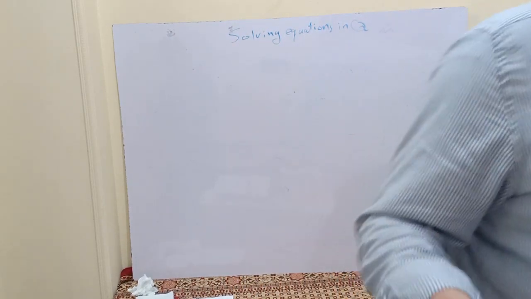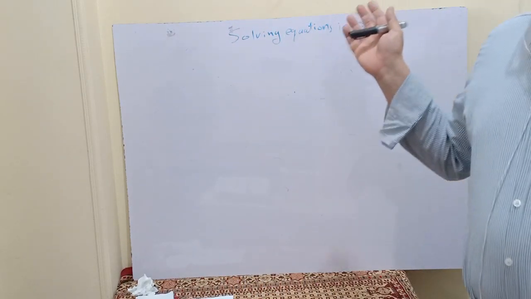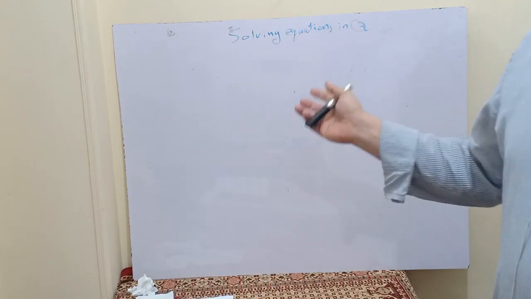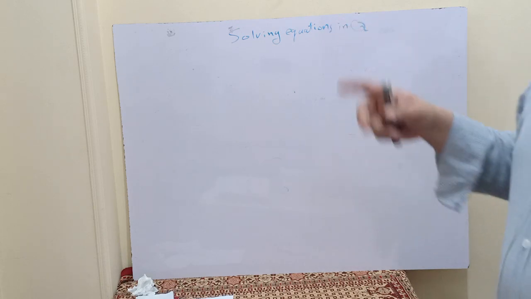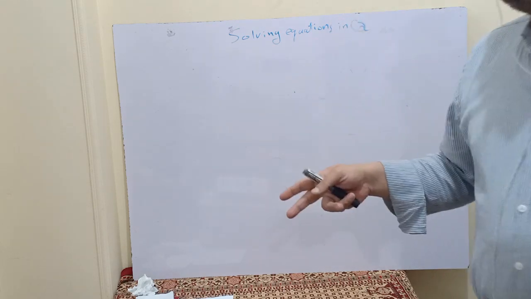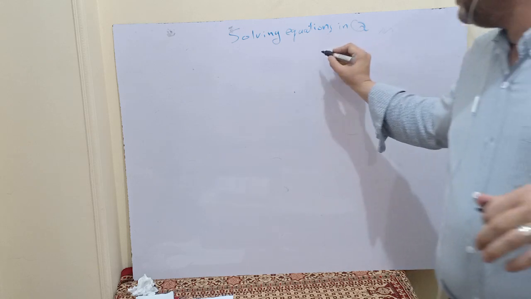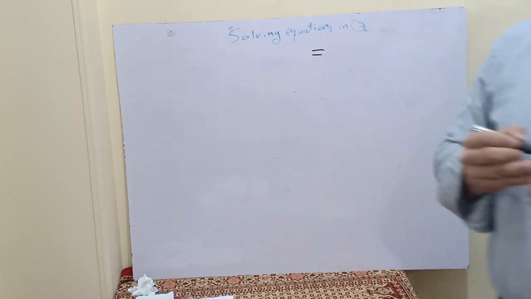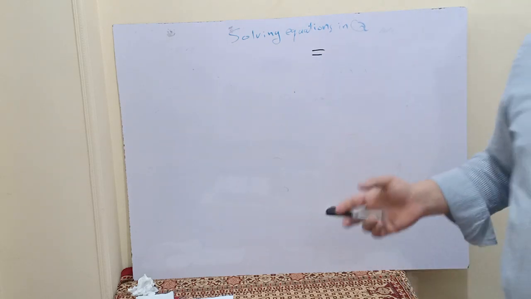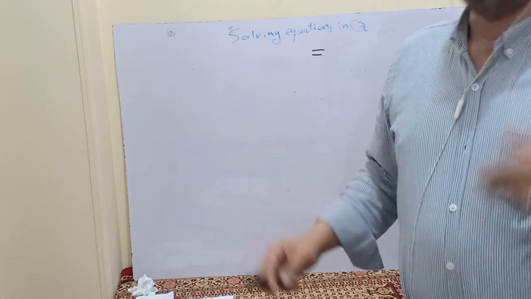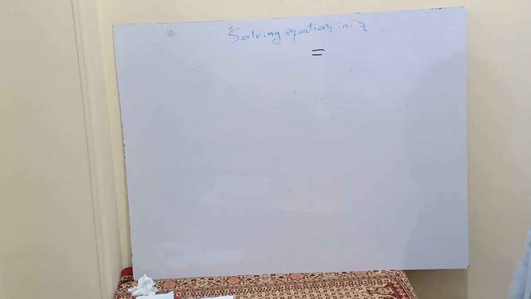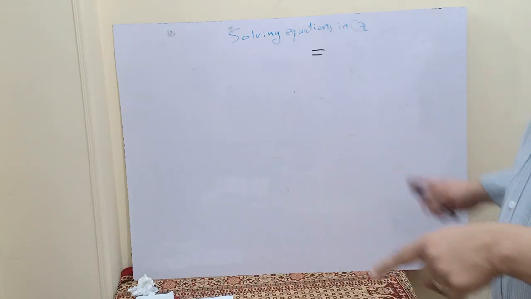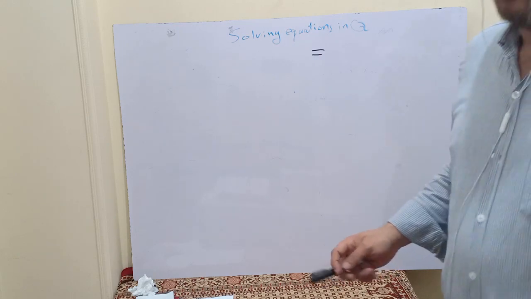The equation is a mathematical expression joining two expressions by separating them with the equal symbol. One of them or both of them has at least one variable, like x or y.